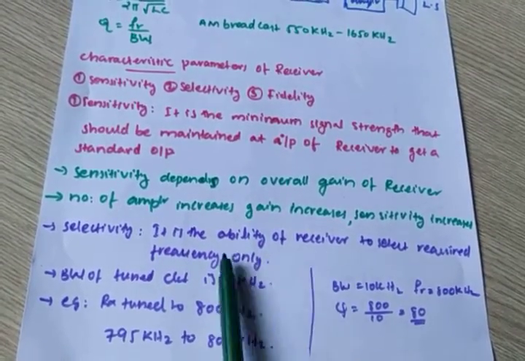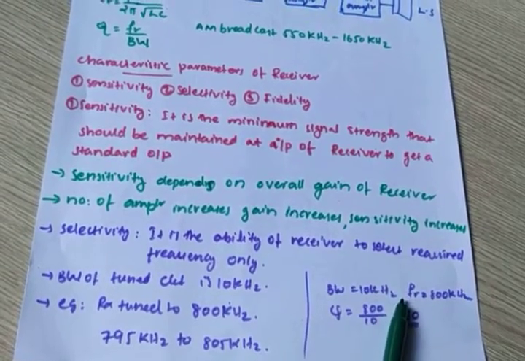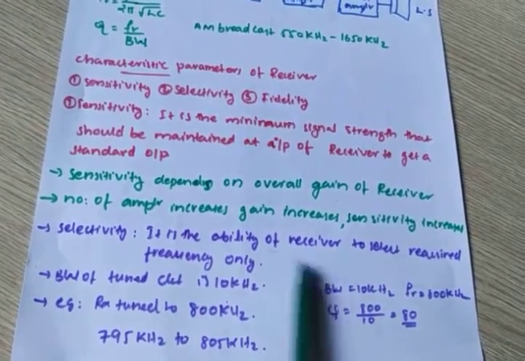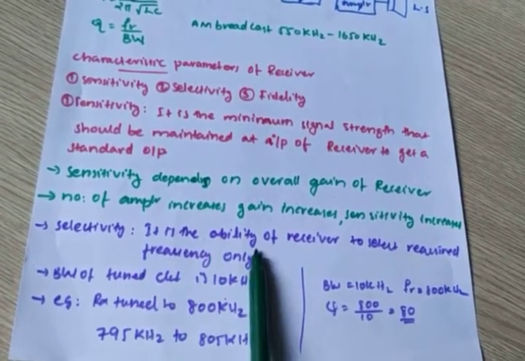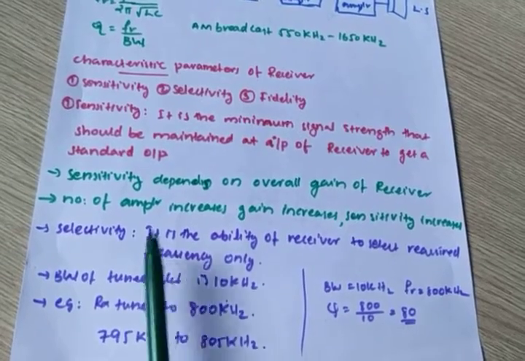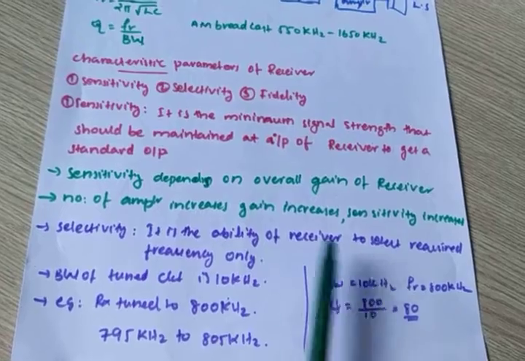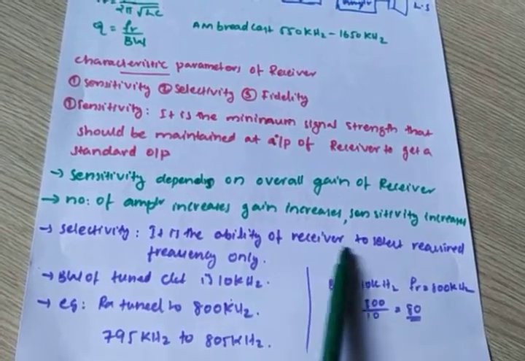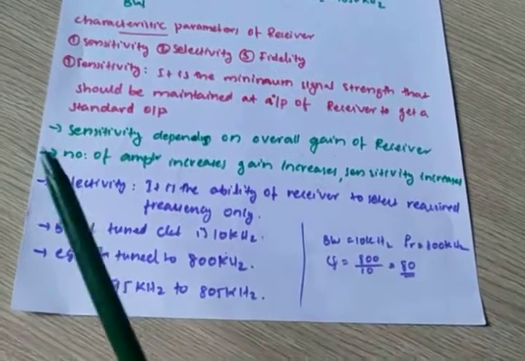Above and below this, for example, if the system selects 105 kilohertz, then the intended operation gets violated. Your system is designed to receive only 100 kilohertz, so the system should select only that frequency. All other frequencies should be blocked. So that is the selectivity. It is the ability of the receiver to select the required frequency only.